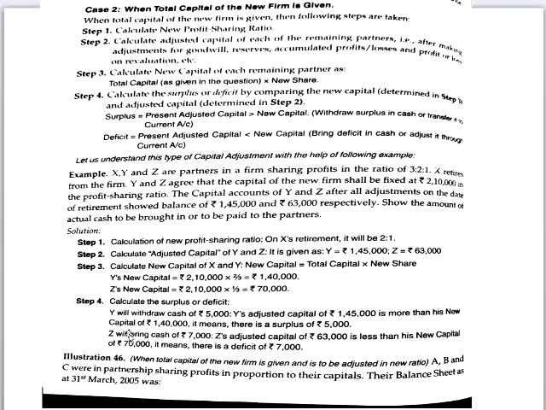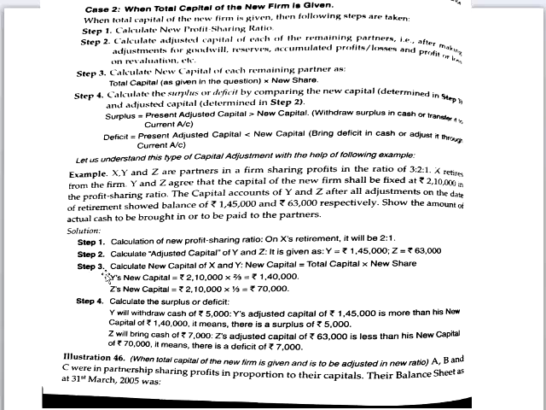Here 4 steps are explained. First, calculate the new ratio. It means the old ratio will be the new ratio. So the old ratio between Y and Z is 2:1. Then the adjusted capital is already given, and there is no need to calculate it because it is given in the question.